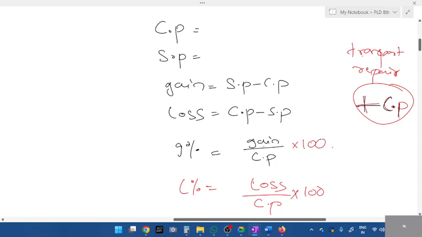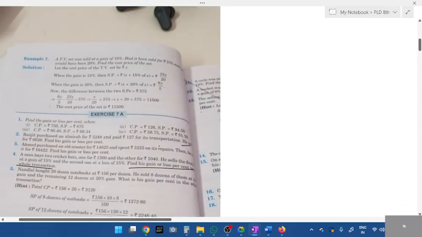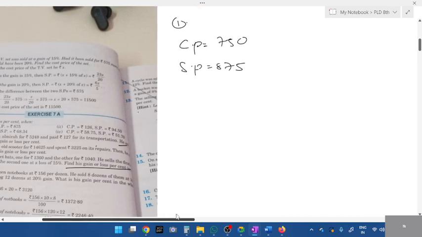All of you will remember this: gain, cost price, loss. Look at the first question, students. Tell me whether it is a profit or loss. What is cost price? 750. What is selling price? So is it a profit or loss? Profit. You all write and practice later.